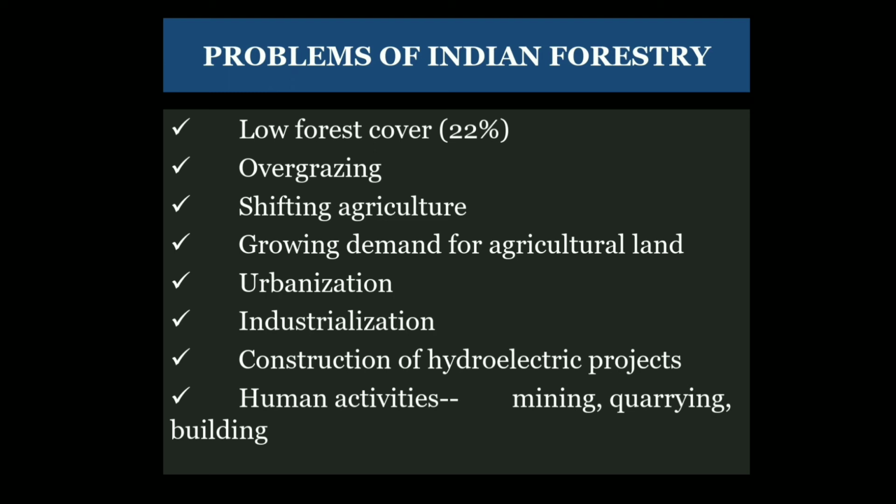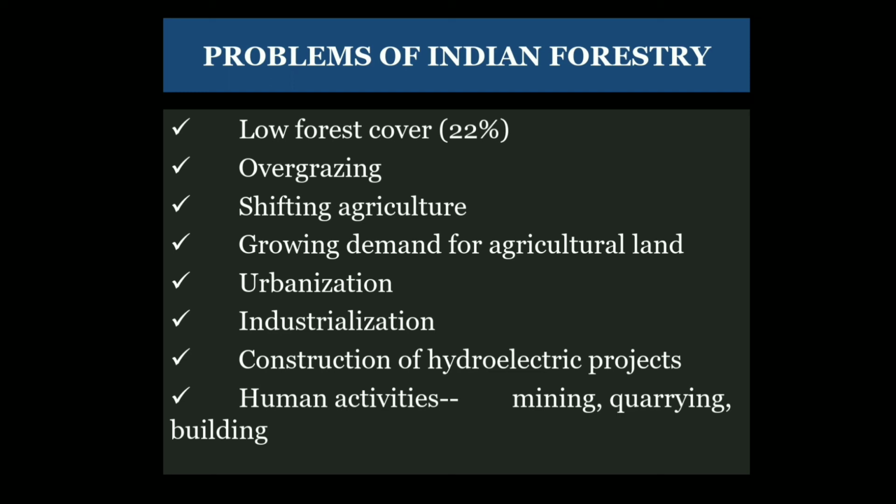Growing demand for agricultural land. With growing population, demand for food products and agricultural raw materials has increased significantly. This has caused considerable shrinkage in forest area. Urbanization and industrialization.